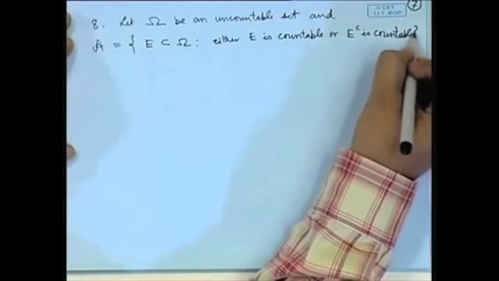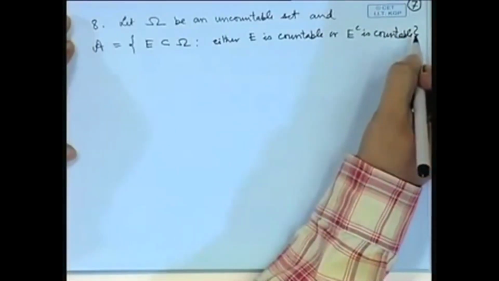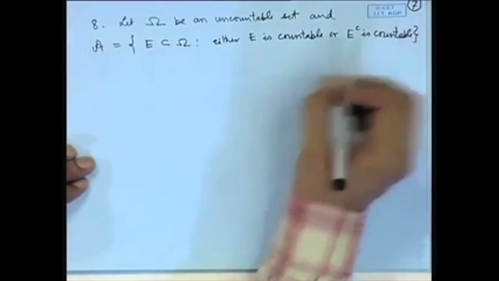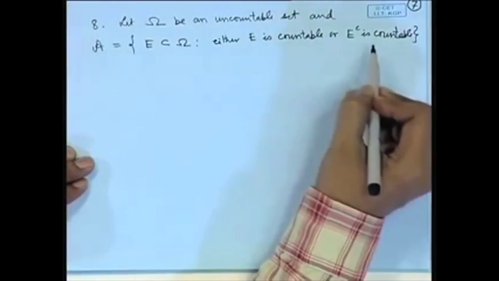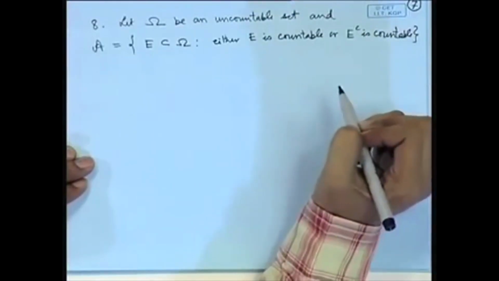So you can see that this is an extension of the previous example, where we considered only countable subsets. Now here I am considering those sets which may be themselves countable or their complements may be countable.